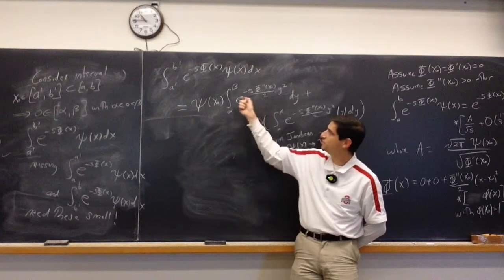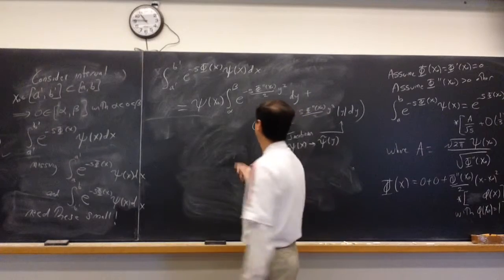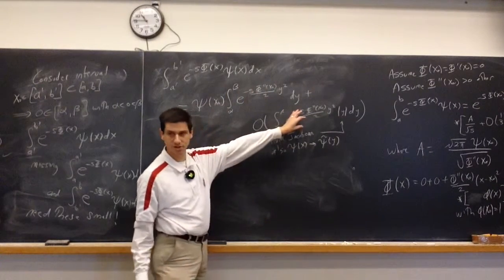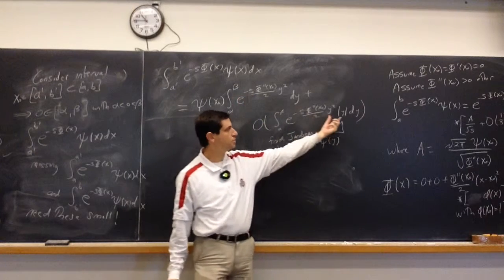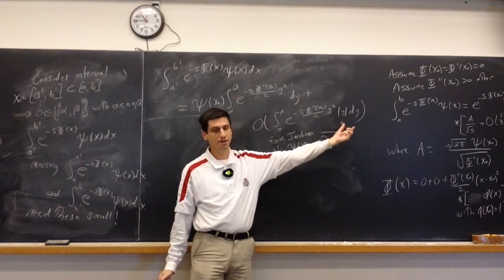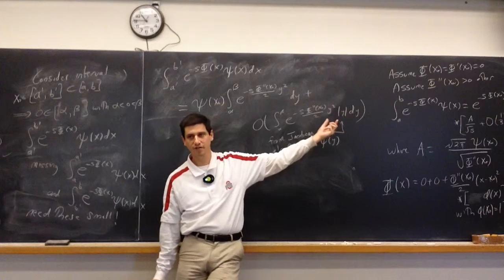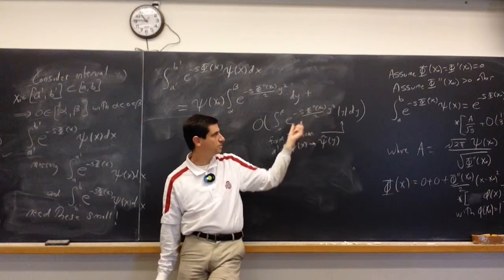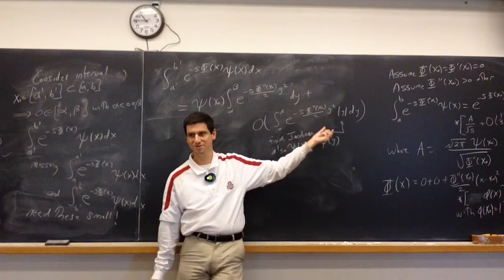So now all that's left to do is to evaluate the integral. We have the main term and the error term. This is the main term. This term is going to be smaller, and the claim in the book is smaller by a factor of 1 over square root of s. Some of you might even remember a problem like this from a probability exam many years ago.